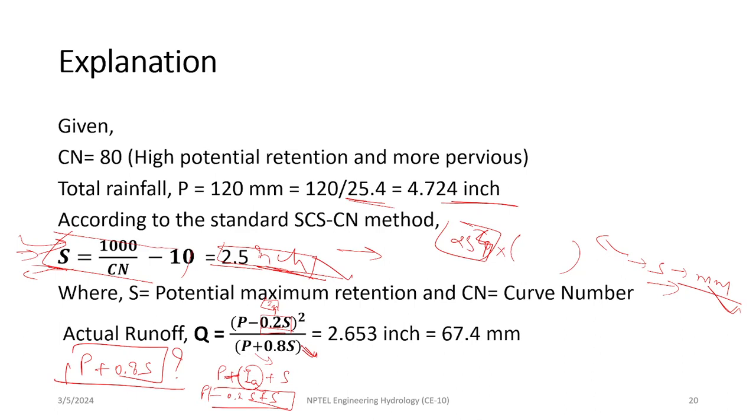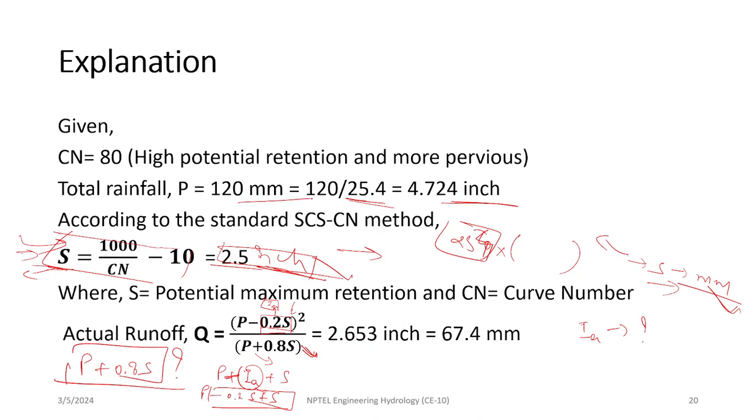So there should not be any confusion with the formula now. That is why you are not seeing a specific abbreviation like IA, because it has already been incorporated directly in this formula. Now try to compute. You already got the S value and the IA value. All these units were in inches.